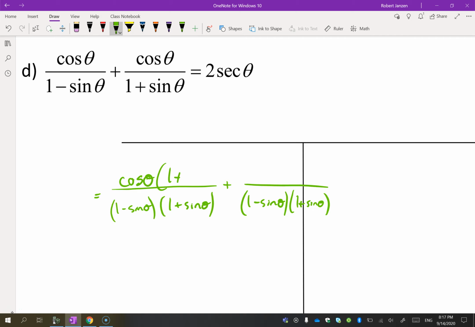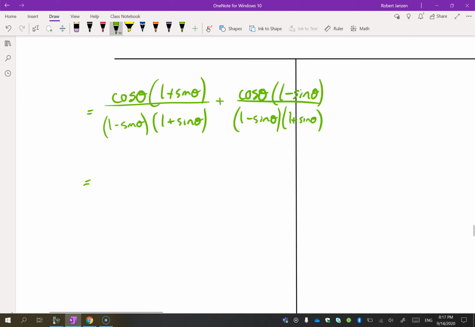I multiplied by 1 plus sine. And what did I do to the numerator here? I multiplied by 1 minus sine. So, what does this give me? The denominator is going to be 1 minus sine squared. You may have seen that and right away wrote cosine squared there. Great, if you can skip a step, that's okay.